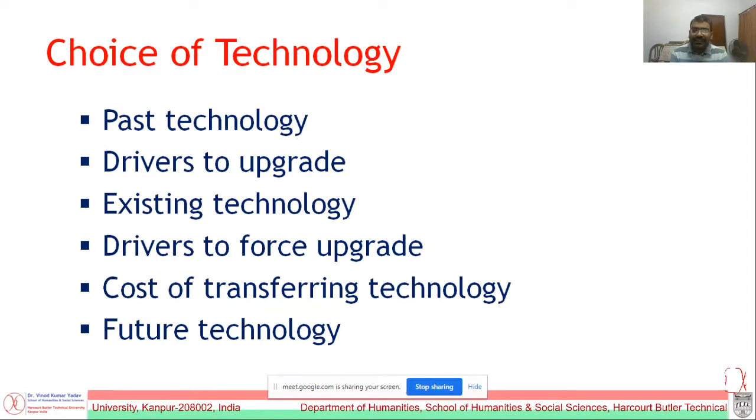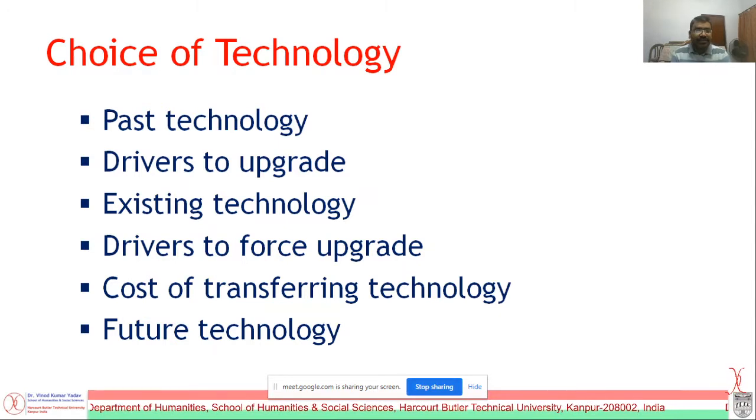you need to select the right technology, so that it may not have a problem at least till your break even comes, or a sustainable business model. Another very important thing is that you must understand the cost of transferring technology.